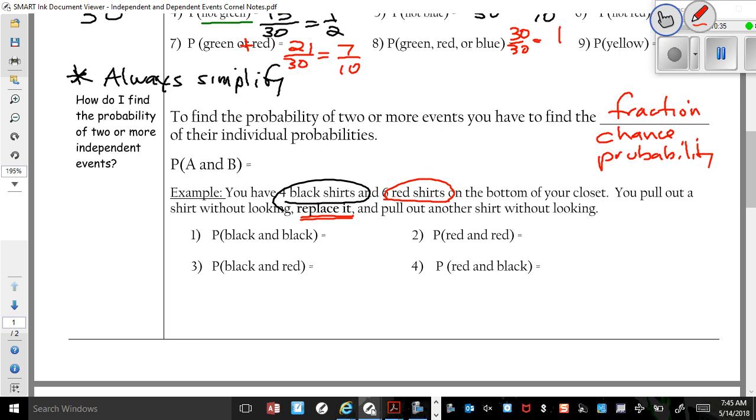Now, what's the probability of pulling out a black one? 4 out of 10. 2/5. Then you put it back. Here's the key. Pull out another one.